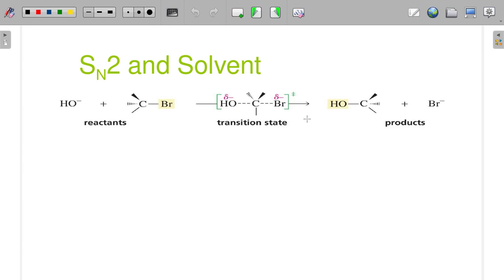Now, SN2, not nearly as big of a factor, but we still get the same type of thing because it's still a charged transition state because our nucleophile is going to go on there. This thing actually has a charge to it. So our more polar solvent does actually affect it.